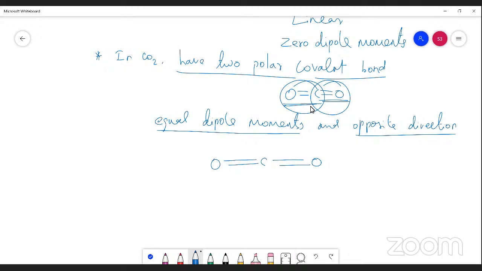That is why the dipole moment moves from oxygen to carbon in one direction, and from oxygen to carbon in the other direction, expressed as mu1 and mu2.